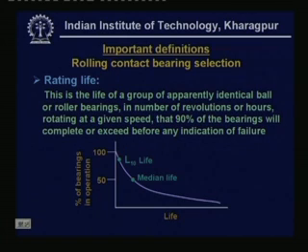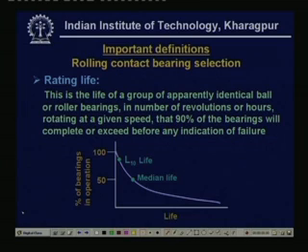Now, one of the very important parts of the bearing is the rating life. What is rating life? The definition says like this: this is the life of a group of apparently identical ball or roller bearings in number of revolutions or hours rotating at a given speed that 90% of the bearings will complete or exceed before any indication of failure.